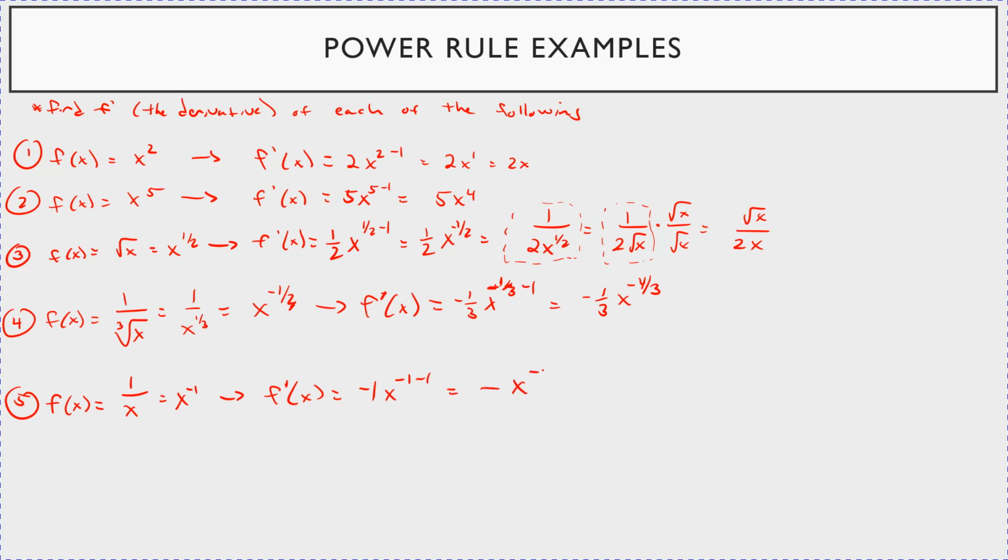So this is minus x to the minus 2, or just minus 1 over x squared. So the key here is whenever you have something involving a radical or a rational function that just has x down there by itself, just rewrite it so that you can use the power rule. I'll even highlight that up here. The key is rewrite so you can use the power rule.